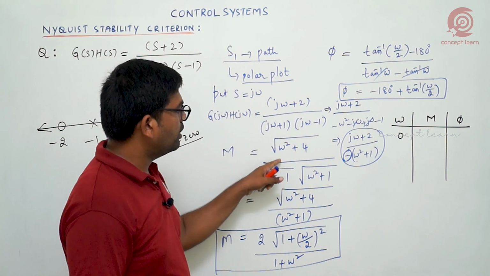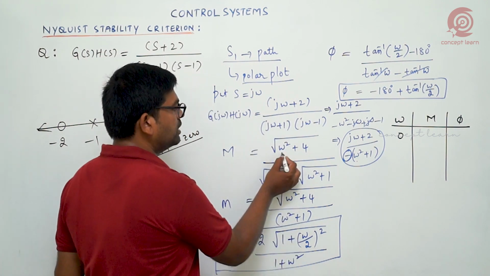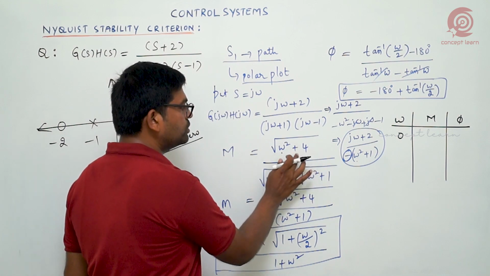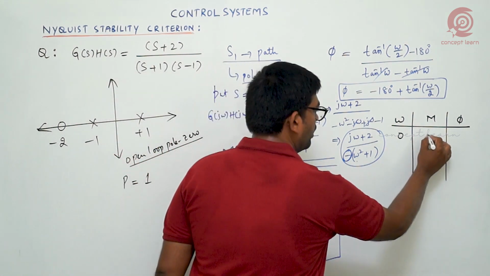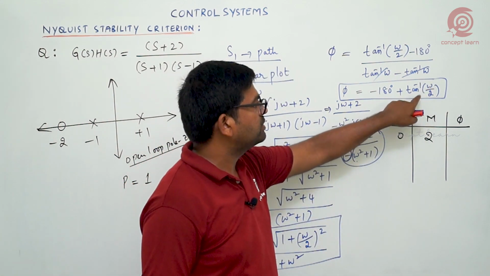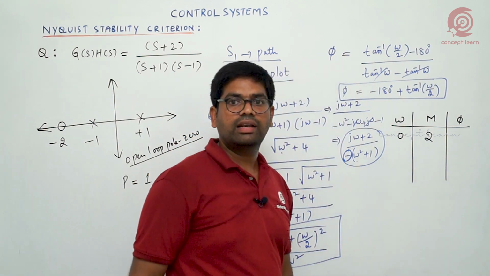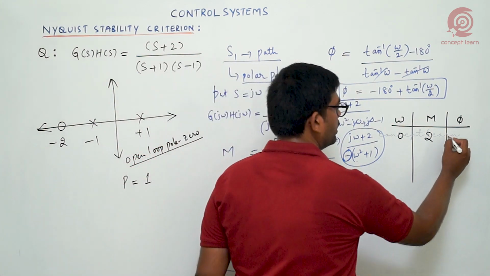Anyway, if I find the magnitude only, we will get 2 only. Simply 0 plus 4, square root of 4 means 2 only will come. But what will be the phase angle? Tan inverse 0 by 2 means 0, but minus 180 is present. So 2 at an angle of minus 180 we will get.